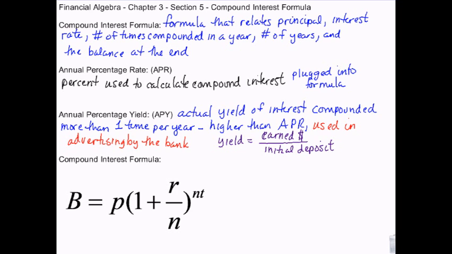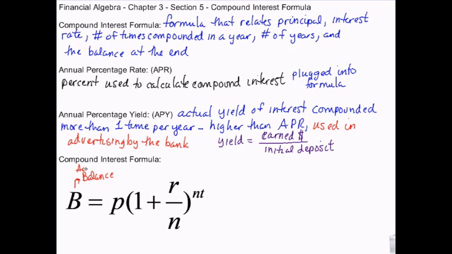So when you look at things like that, you want to look at if they're saying APY or APR. If they're saying APY, know that that's not the number they're going to actually calculate with. The number they're going to actually calculate with is a little smaller.